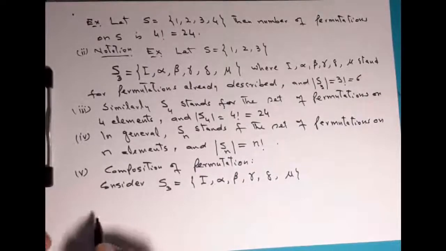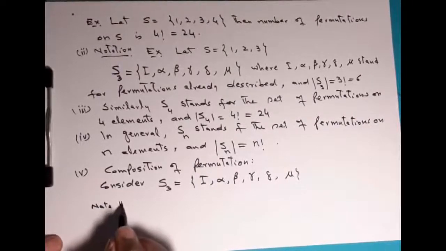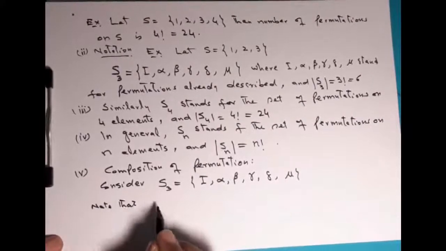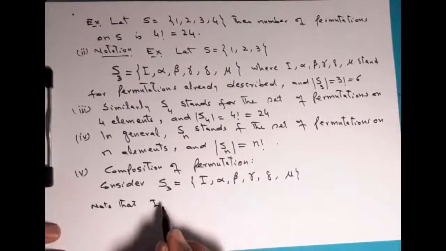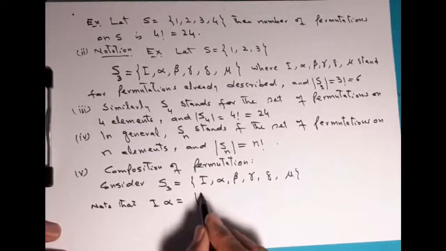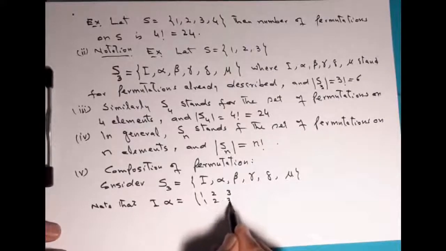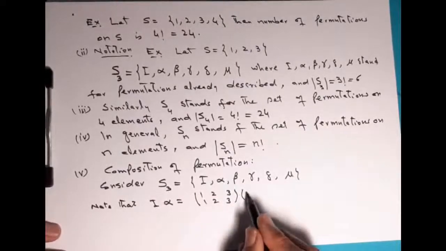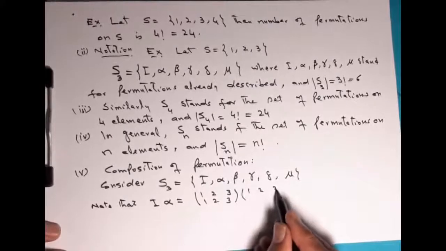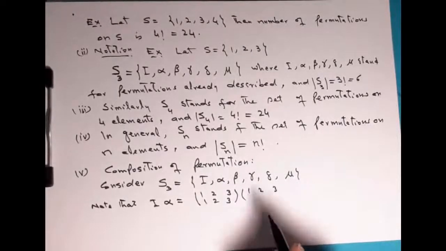First of all, note that if we compose the identity permutation with any other permutation, suppose alpha, the identity permutation is 1, 2, 3 over 1, 2, 3, and the alpha permutation is 1, 2, 3 over 1, 3, 2.